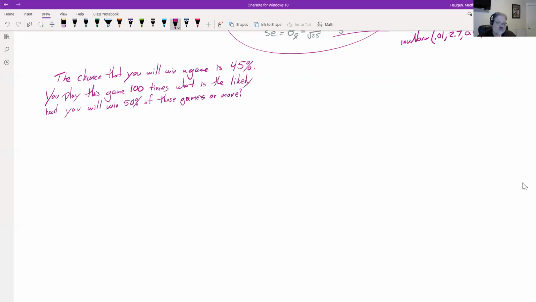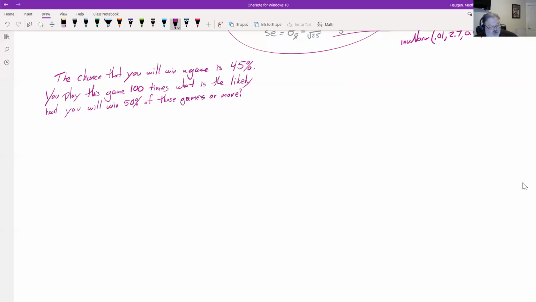45% chance we'll win. We play 100 times. How many are we going to win on average? 45, right? So if we play 100 times and want to win 50% of those, we have to be on a good streak, right? So that's less likely than maybe we'd like. What's the chance that we'll win 45% or more? 50-50.